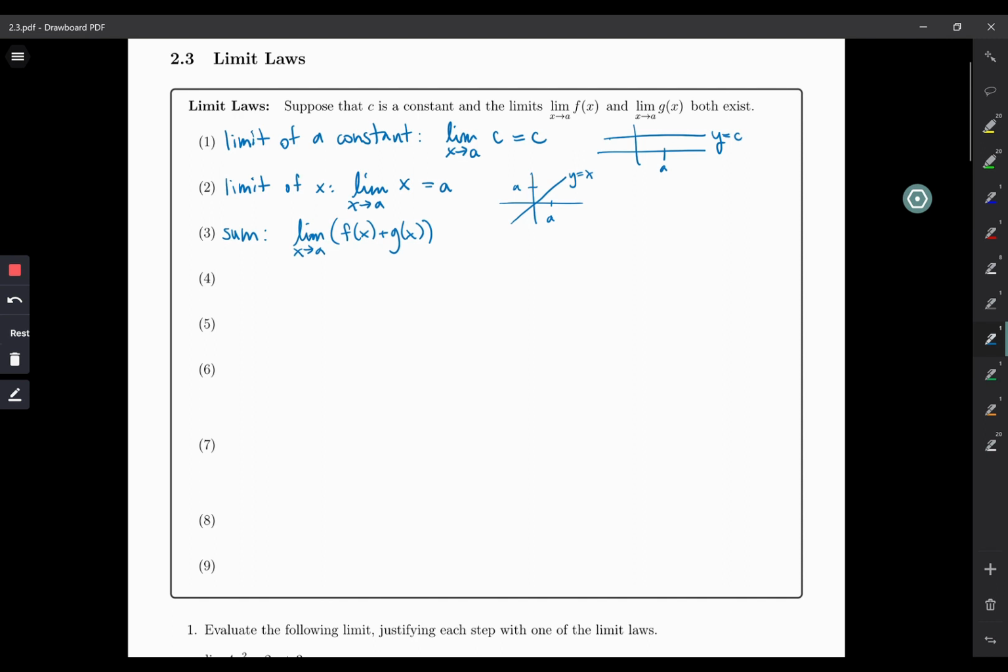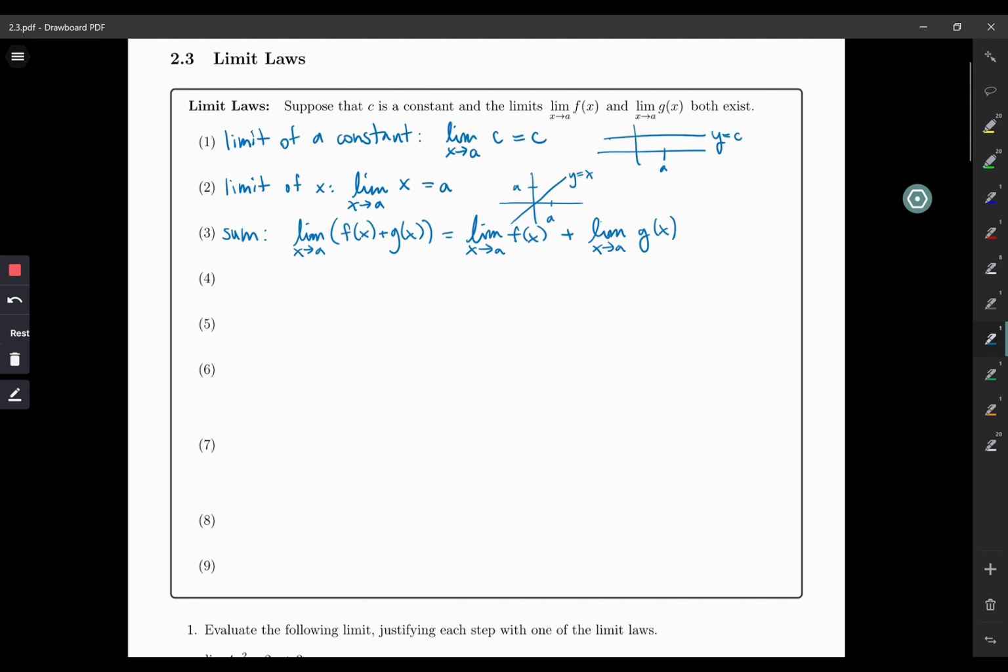The lowercase c is a constant, and we're assuming that the limit as x goes to a of f of x and the limit as x goes to a of g of x both exist. If that is the case, then we can split this and take the limits separately and then add them together: the limit as x goes to a of f of x plus the limit as x goes to a of g of x.